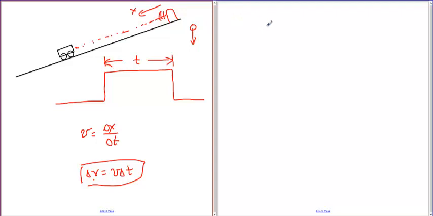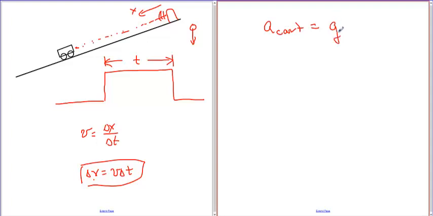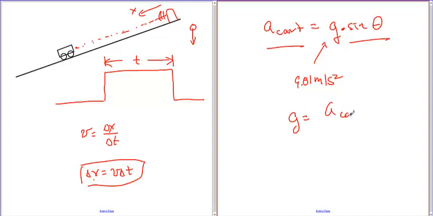It turns out the acceleration of the cart is going to end up being the acceleration due to gravity, 9.81 meters per second squared, times the sine of the angle theta. So we're going to measure this, we're going to measure that, so we should be able to calculate or estimate the acceleration due to gravity by taking our measurements and dividing by the sine of the angle theta.